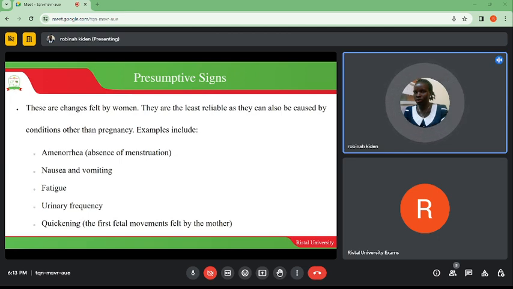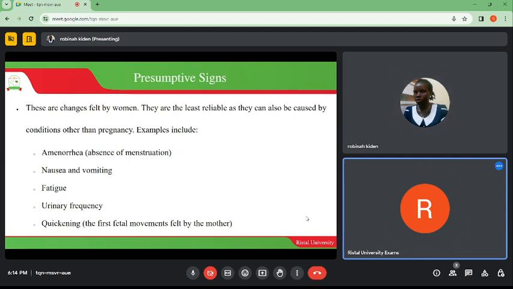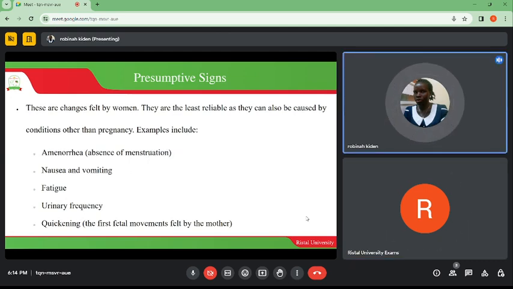Talking about presumptive signs, these are the signs that present in a woman, and the woman can be presumed to be pregnant. They are called presumptive signs because any other condition can cause them in the woman. This includes amenorrhea, which is absence of menstruation. Then nausea and fatigue, a situation where the woman feels tired, like she has done very heavy work.